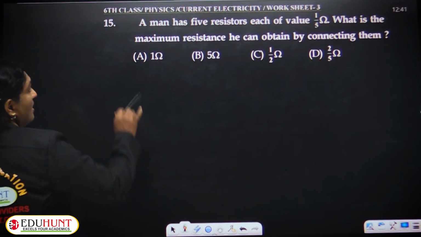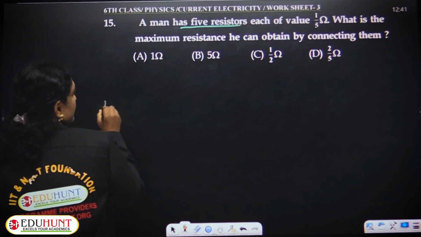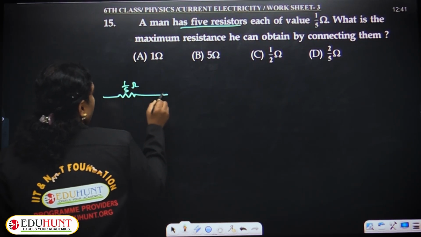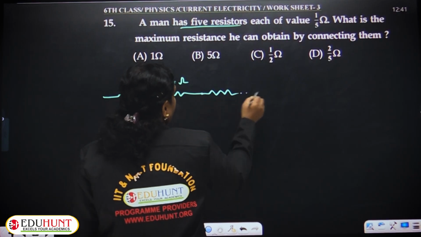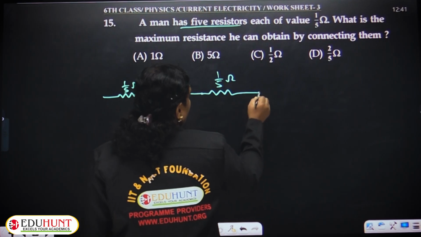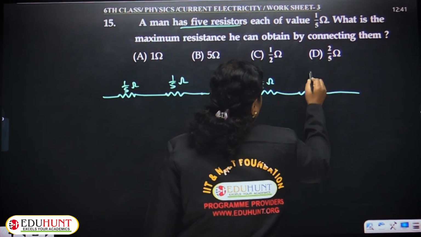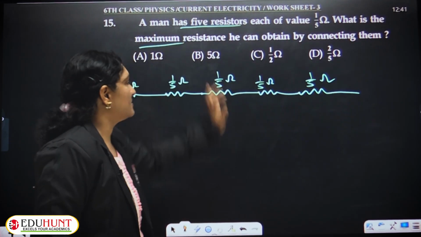If those 5 resistors are connected in series, like this, 1 by 5 ohm, again 1 by 5 ohm, and again 1 by 5 ohm, 1 by 5 and 1 by 5, you may get the maximum resistance.